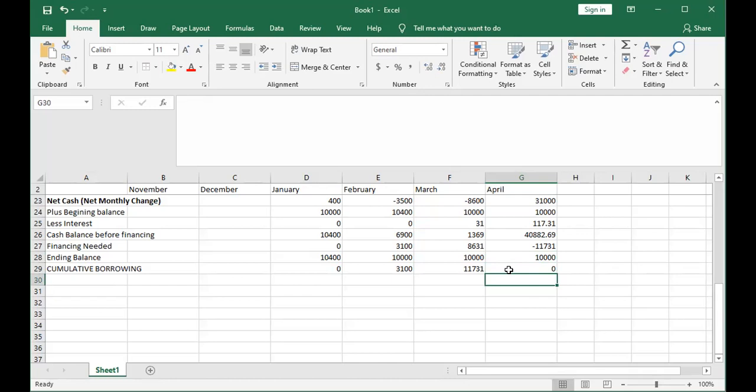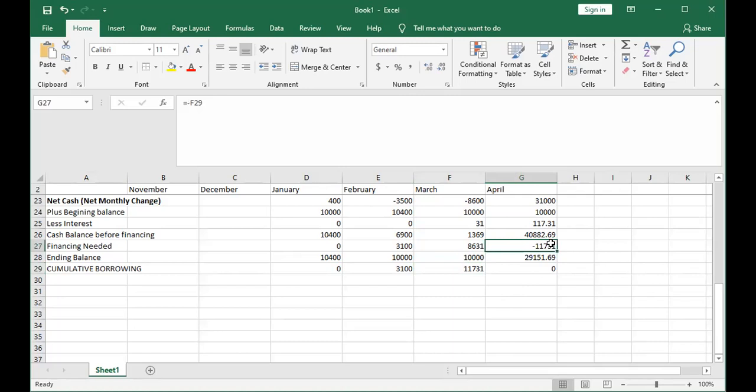So in April, all the borrowing is settled. Basically, this is the ending balance in April, because all the payments for the short-term borrowing have been settled in April.